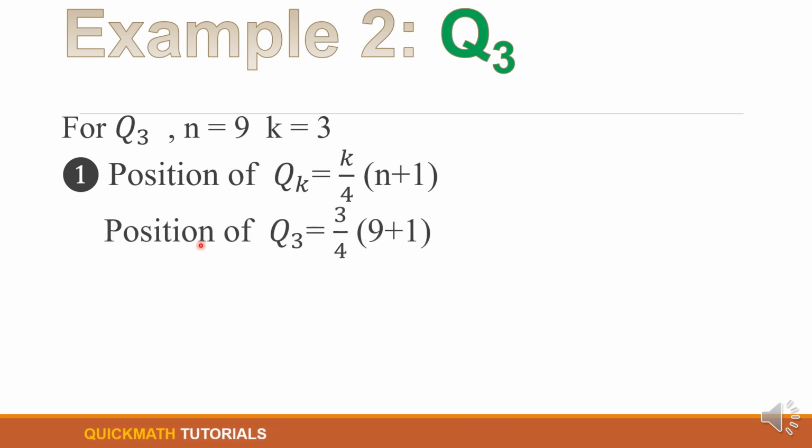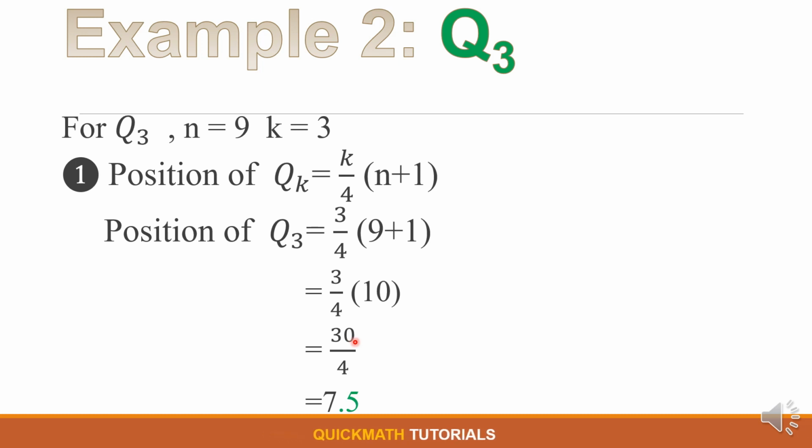So q sub 3 is equal to 3 over 4 times n, which is 9 plus 1. 9 plus 1 is equal to 10. 10 times 3 is equal to 30. And 30 divided by 4 is equal to 7.5. Thus, the position of our q sub 3 is 7.5, or in the 7th position.